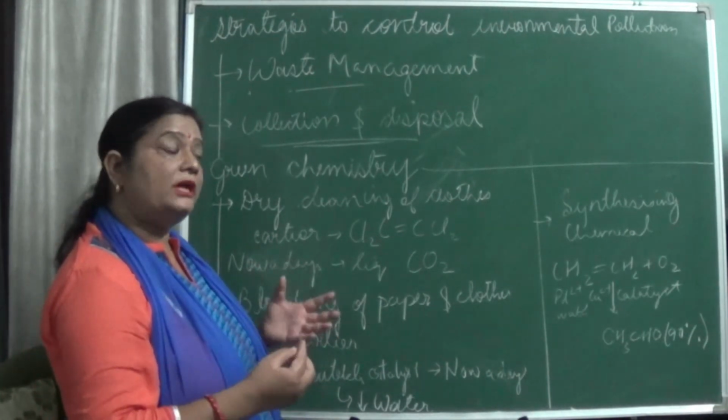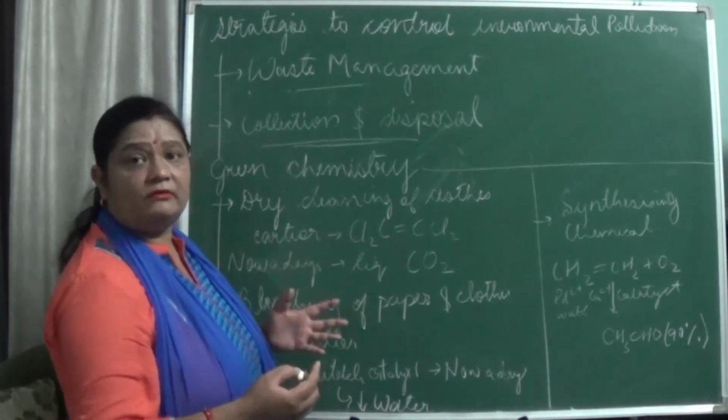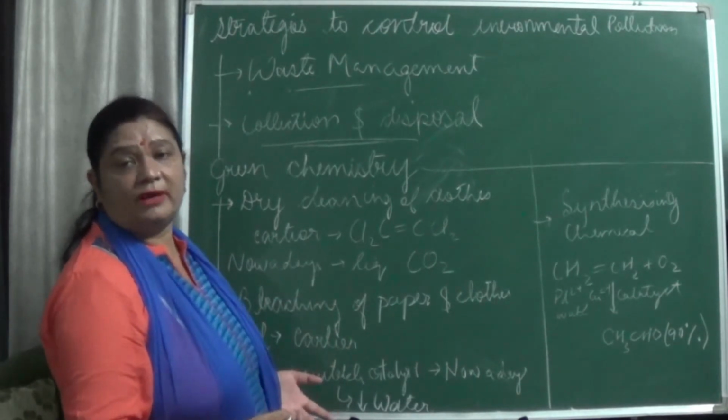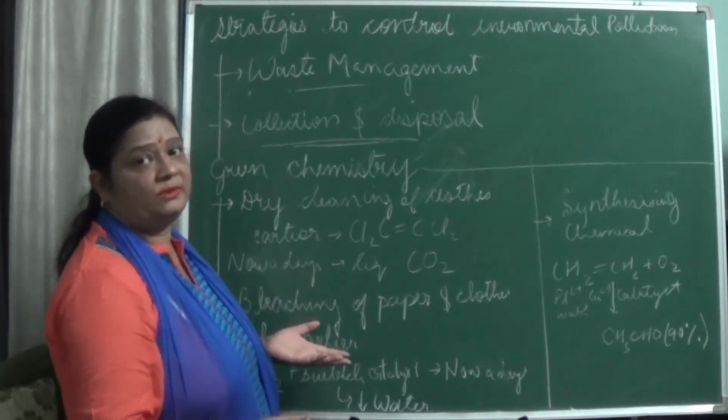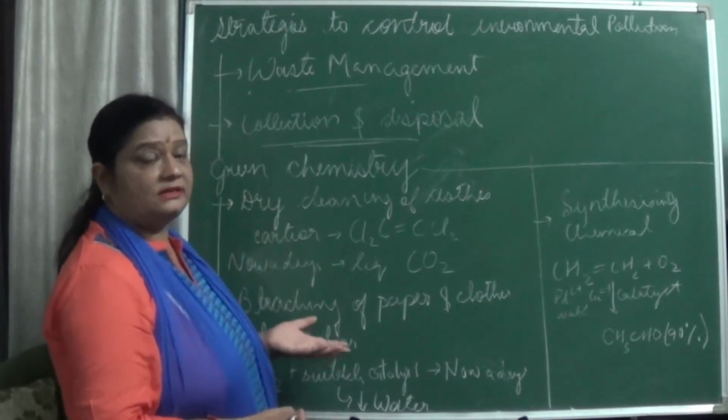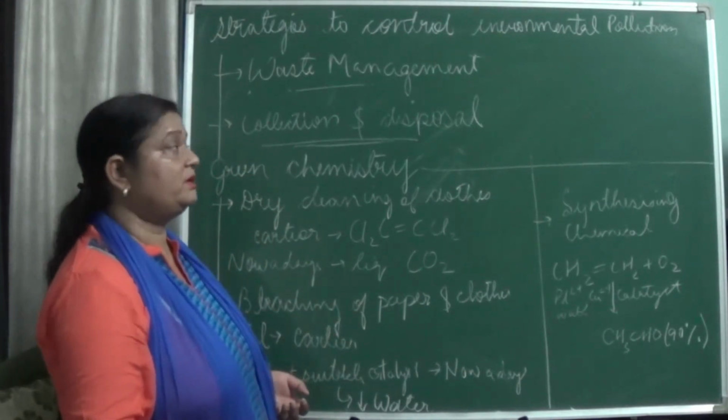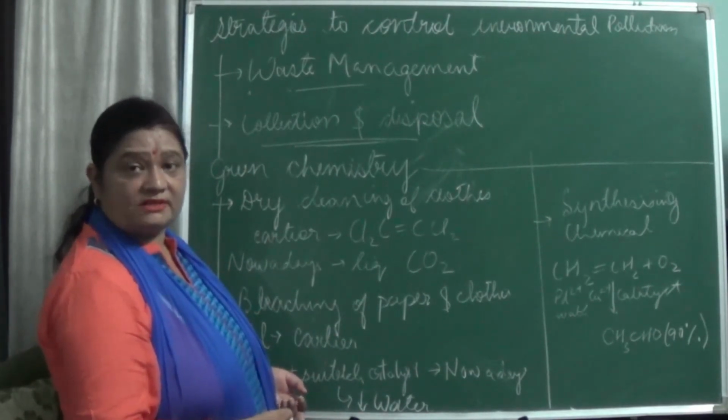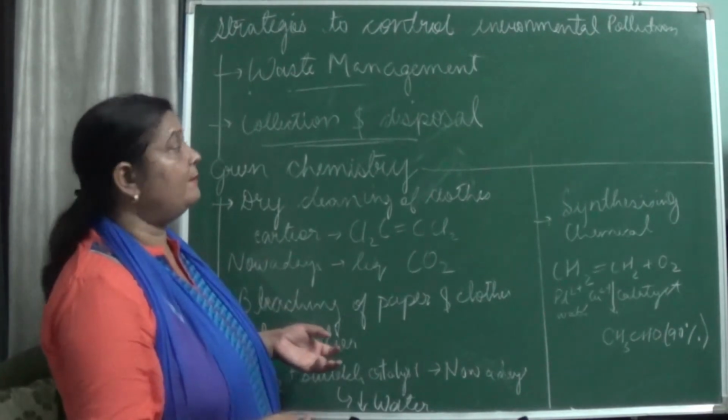Wherever we keep these things, they are made of chemicals, so naturally some gases will be released. If lead is present in water, that is also a poisonous thing. This is just an example I am giving.